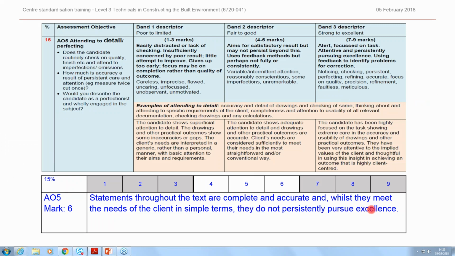And when you looked at the level 3 band descriptor where it says attentive and persistently pursuing excellence, if you look at the points in the assignment where we could demonstrate deeper understanding, not only does it show that deeper understanding, it also shows that the student is pursuing that excellence. So the two go hand in glove there, as we said. It's very difficult to award or get into a higher band descriptor for AO4 and AO5 than what was given at AO2.